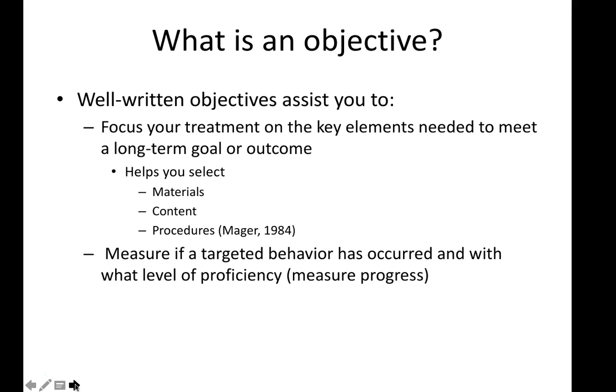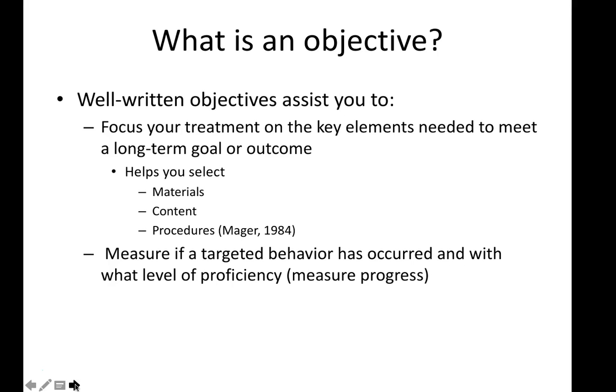Then you might have a short-term objective that is around some kind of very specific skill that is getting in the way of that communication, like maybe it's spoken output and naming or something like that. The idea would be that your short-term objectives would, as they are met, lead toward that ultimate outcome.